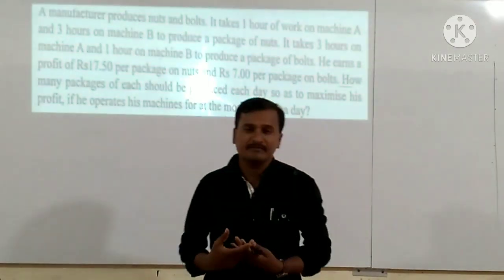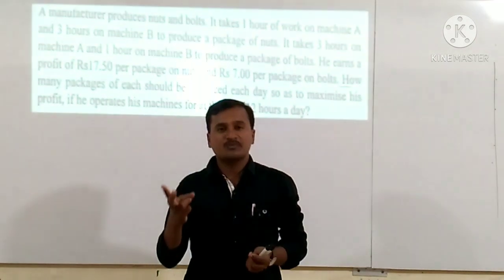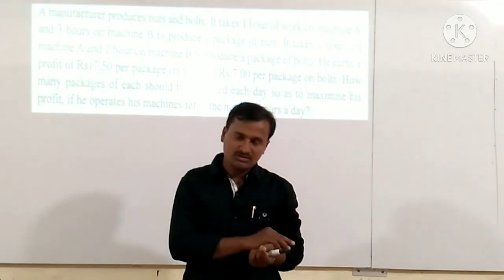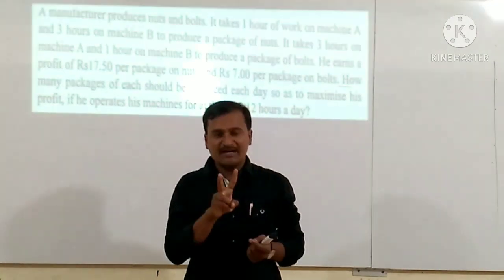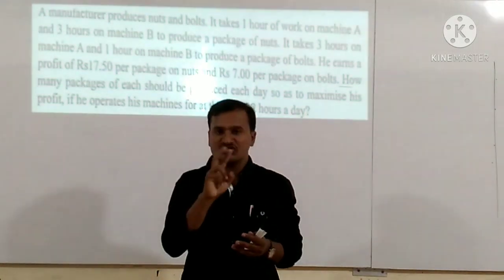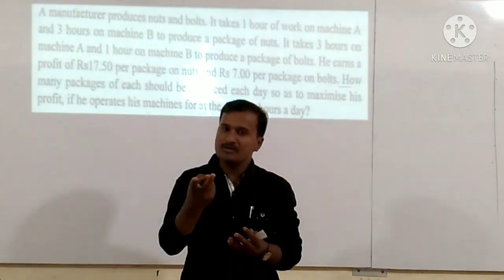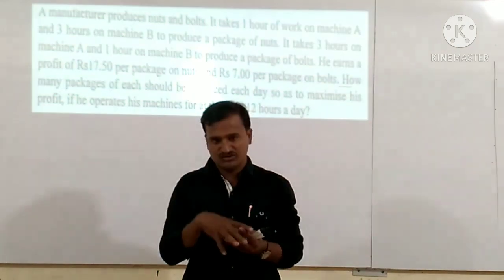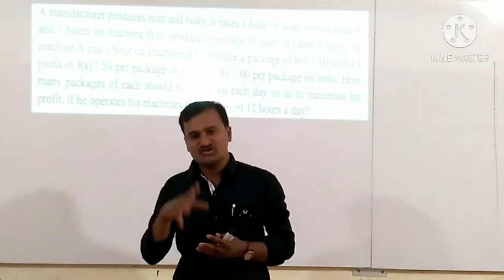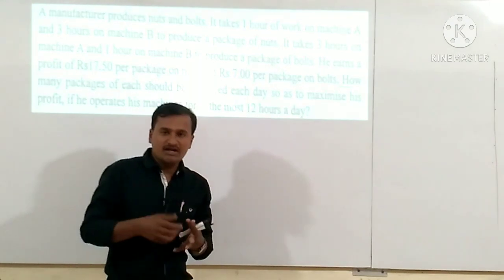To produce the nuts and bolts, the manufacturing company uses two machines, and by using those two machines it produces the products, nuts and bolts. Those machines are machine A and machine B.